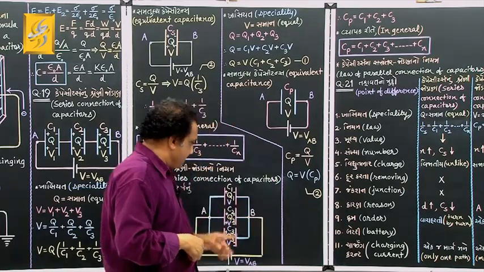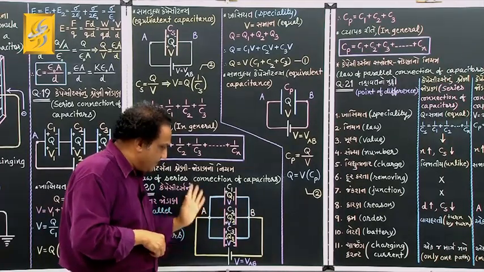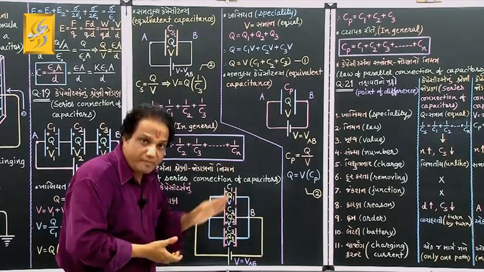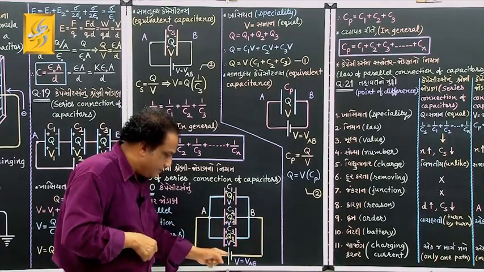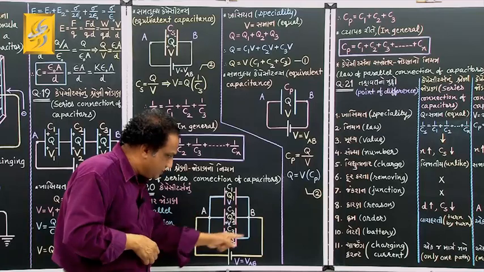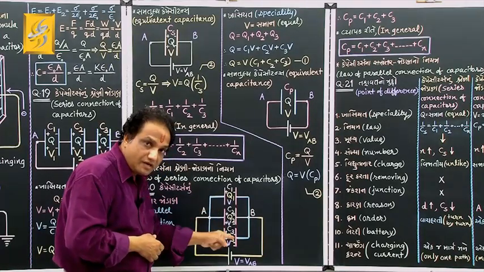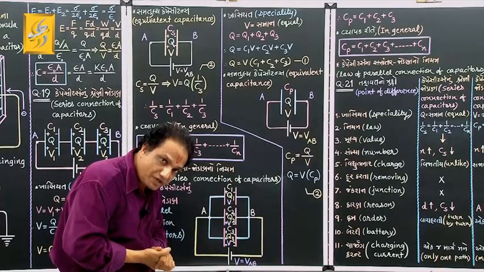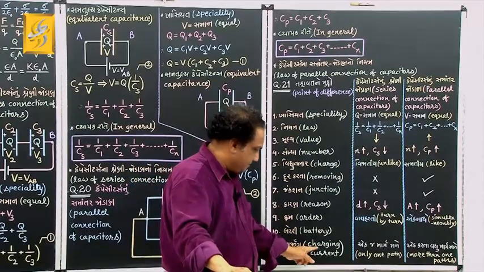Here battery is connected across two common terminals where left hand side and right hand side plates of parallel connection are connected. I repeat, here battery is connected across those two points where the left hand side plates and right hand side plates are interconnected. Okay, fine.